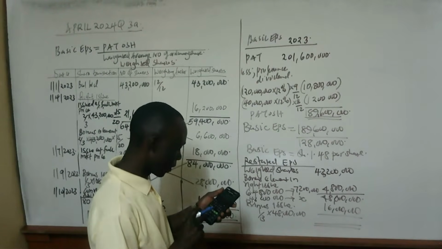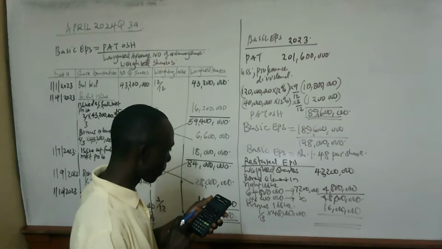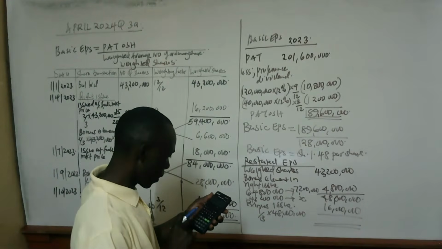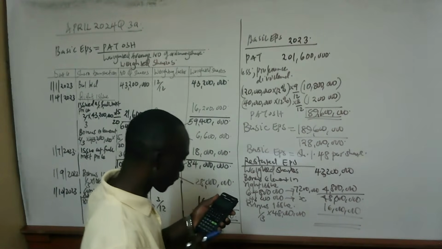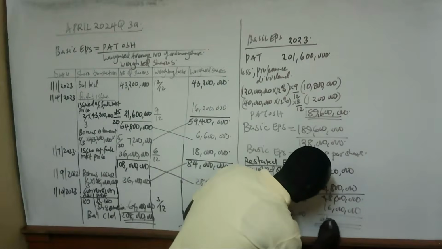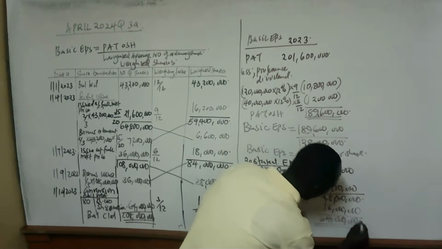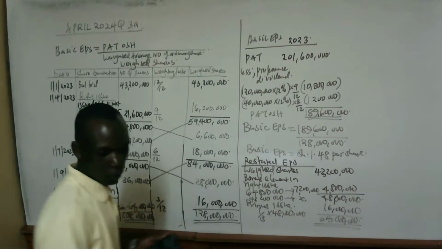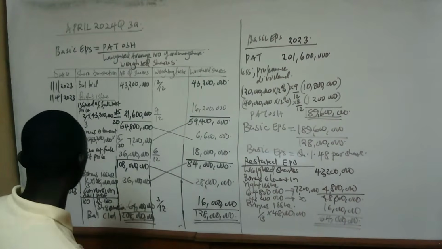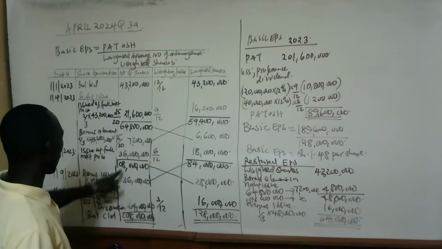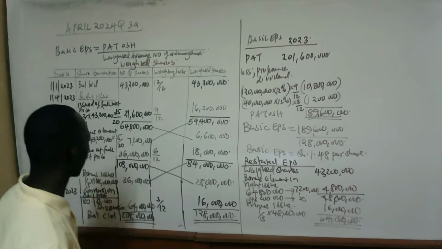Plus what? Plus 48 million. Therefore, the total will be 64 million. The total will be 64 million. Or you can do this. Also, you can take this. You can say that 108 is giving you 36.